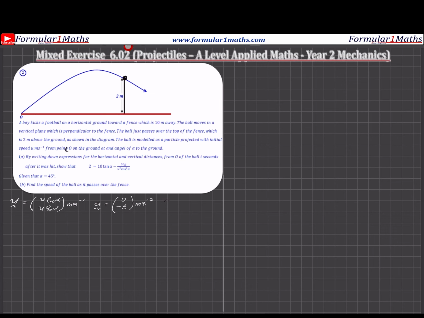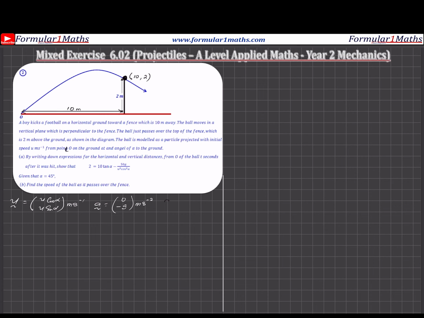At this point here, this point has components 10 and 2 because this distance from O is 10 meters as stated in the question.